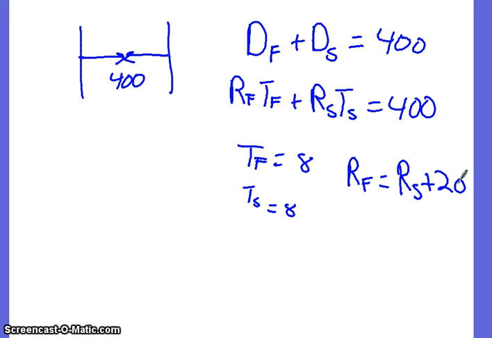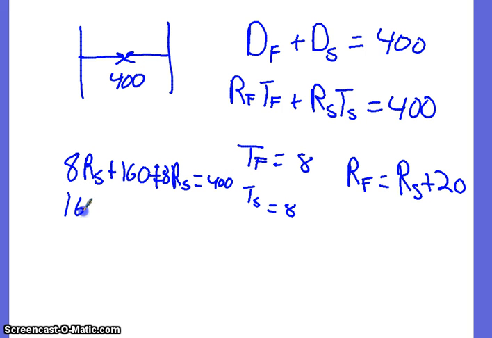I could figure that out to be 8 times RS plus 20 times 8, which is 160, plus RS times 8. So 8RS equals 400. Got it so far?